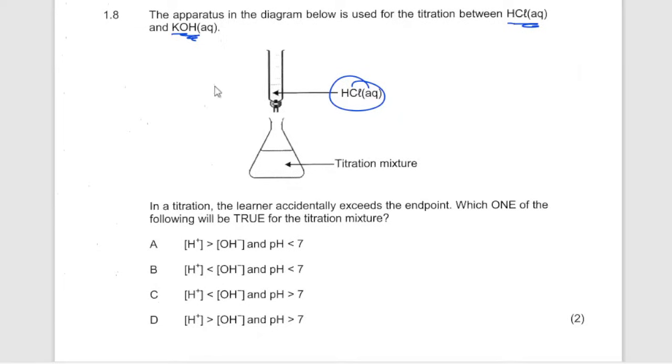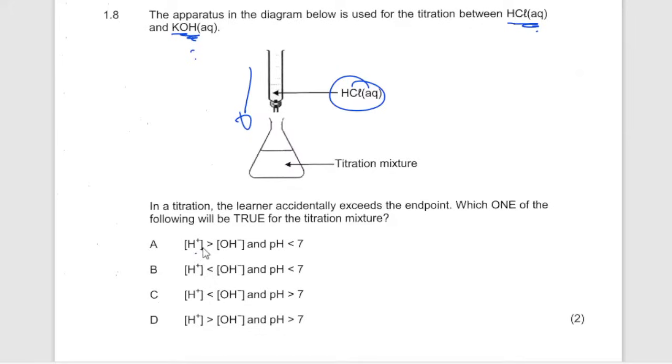Both of them are a strong acid and a strong base, so we expect the pH to be at least 7. But now the learner accidentally, remember you have hydrochloric acid, you are pouring it into there, you're not having the other way around. So it means that the pH is going to be a little bit lower, a little bit acidic.